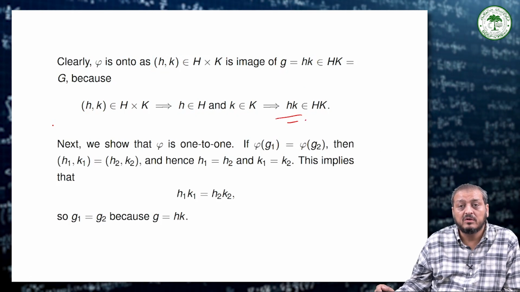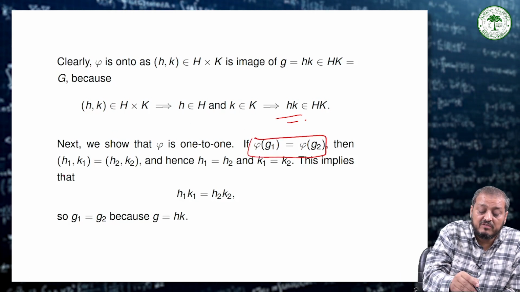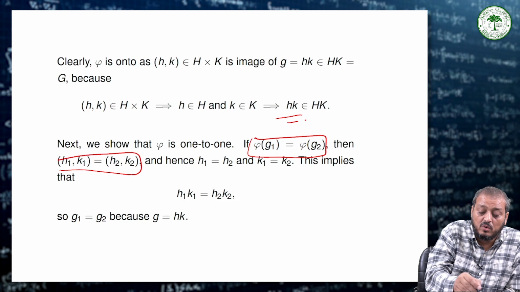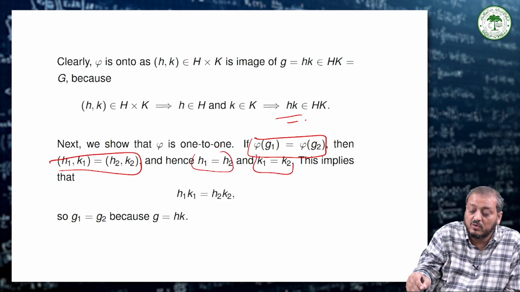Next we try to show that phi is a one-one mapping. So phi of G1 is equal to phi of G2, and then we have H1 K1 is equal to H2 K2, which gives H1 is equal to H2 and K1 is equal to K2.